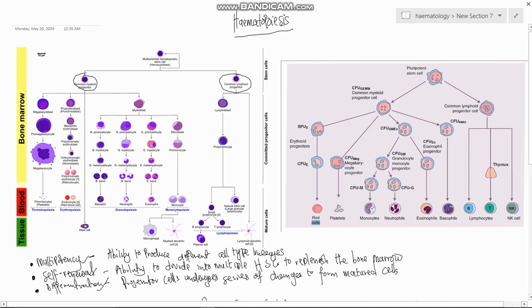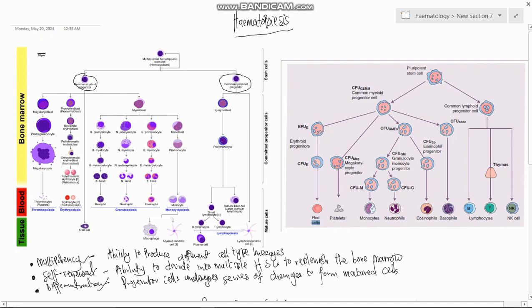Now let's tackle the one on the right hand side. So another name for the common myeloid progenitor is colony forming unit granulocyte, eosinophil, monocyte progenitor.